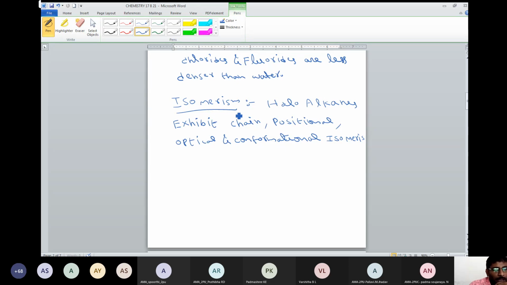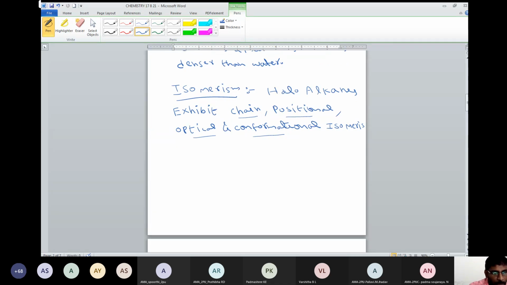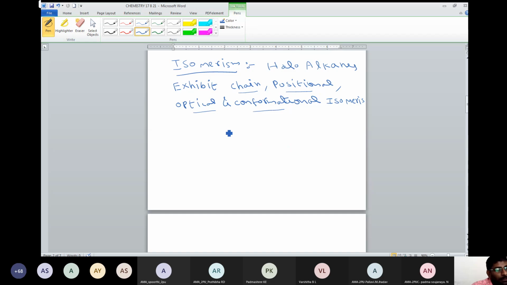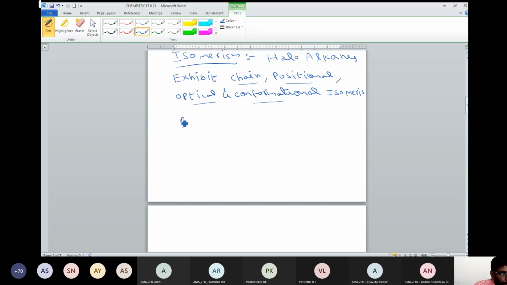So haloalkanes will exhibit what type of isomerism? They exhibit chain isomerism, positional isomerism, optical and conformational. These four isomerisms are shown by haloalkanes. How will these show? I am giving examples. The first one is chain.